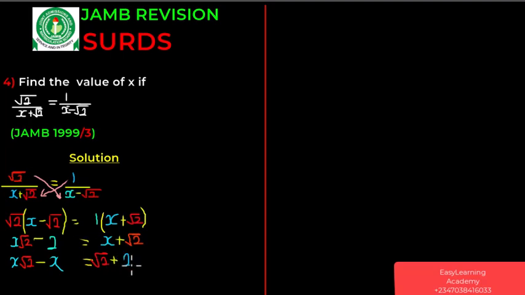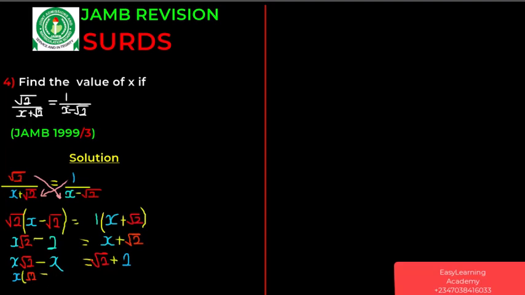Now observing something, we can factorize this so that we can have something that is in common. x is here, x is here, x is in common, so we factorize that. If you factorize it, we open the bracket, and square root of 2 remains here, and in the place of our x, we're going to have 1.